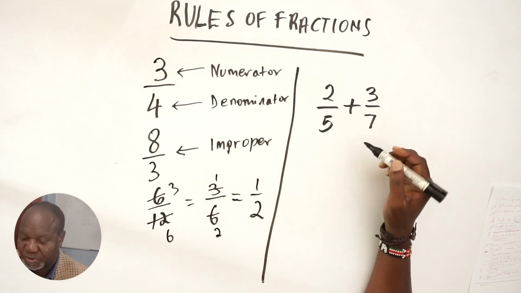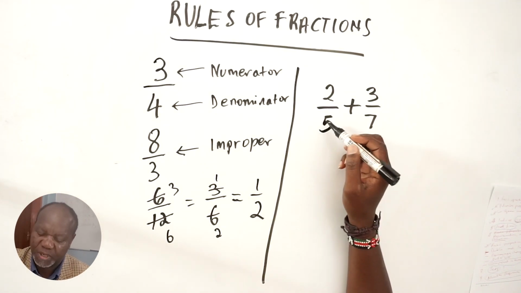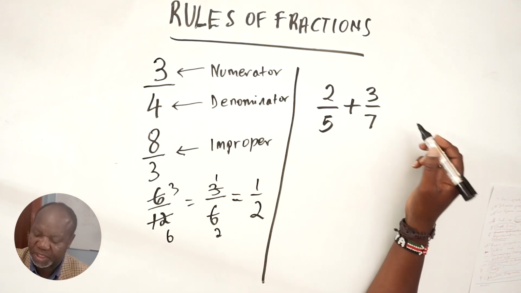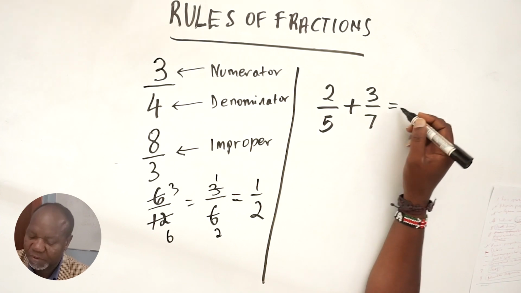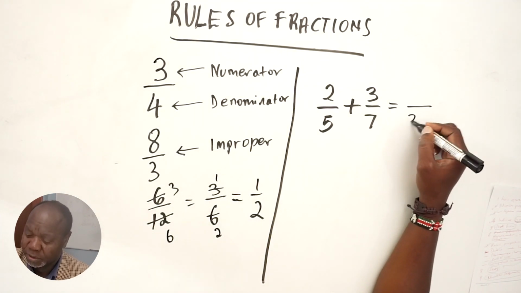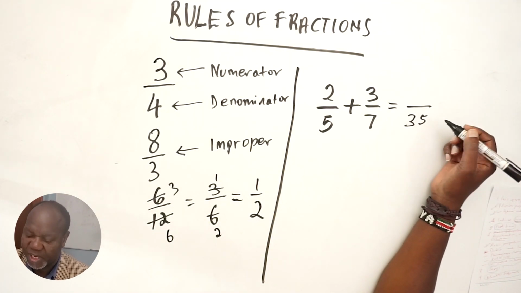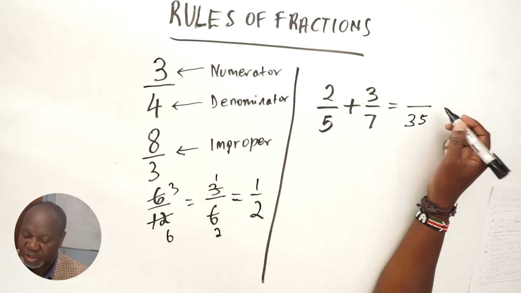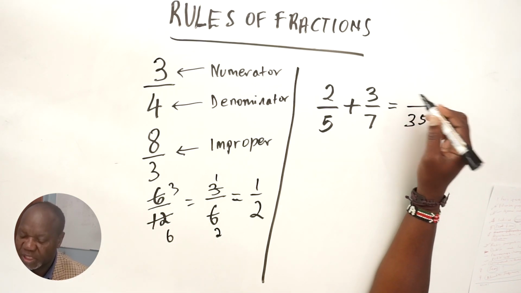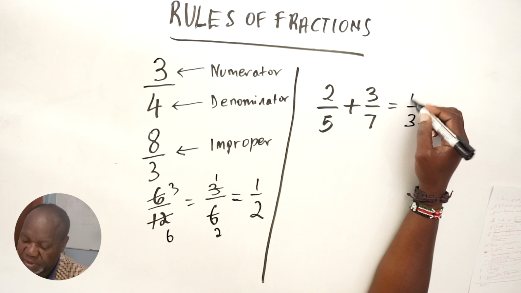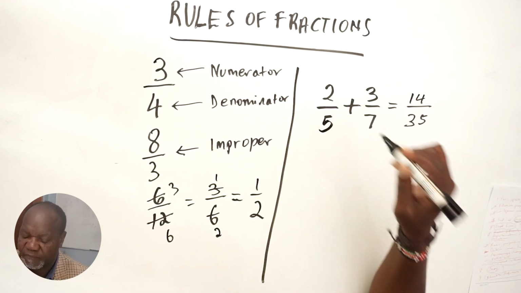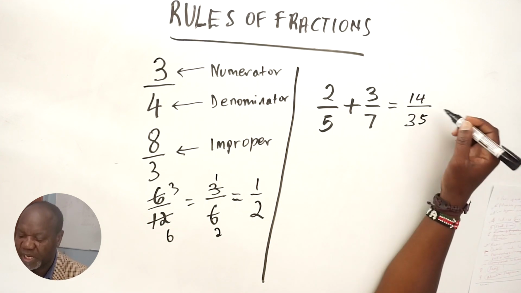In this case, it will be 35. So if you multiply 5 by 7, it will be 35. So 5 will become 35, having been multiplied by 7. But for it to work, you do the same to the top number. 2 times 7 will be 14. So 2/5 has become 14/35.